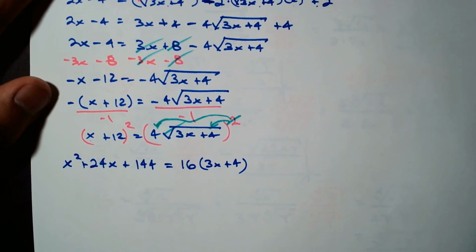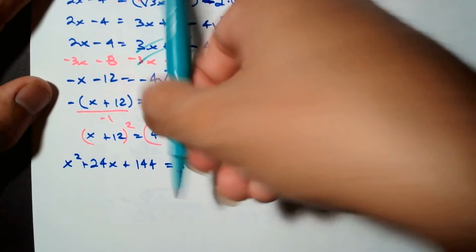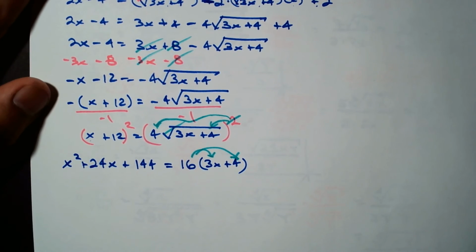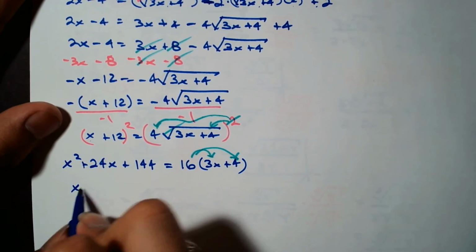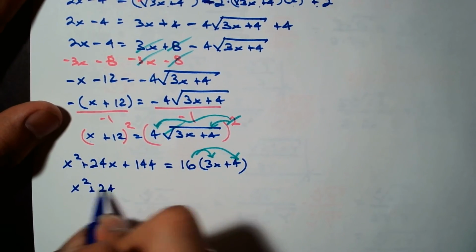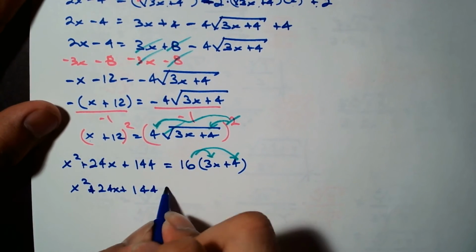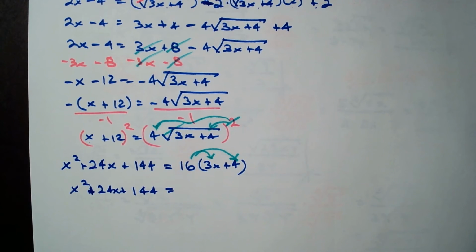Let's distribute. So x squared plus 24x plus 144 equals 16 times 3.